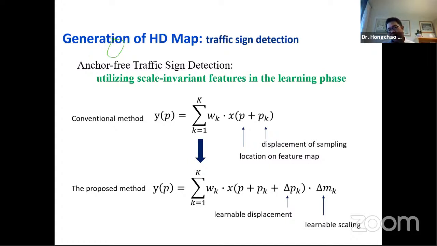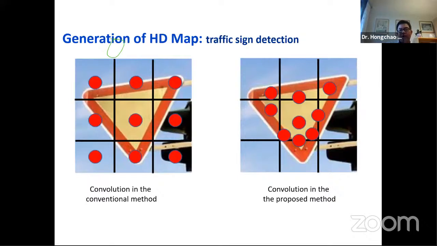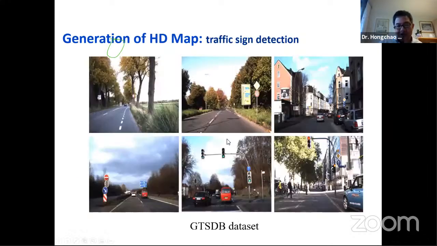We learn where the traffic signs are in the image, to detect the traffic sign more accurately. With this attention mechanism in the network, instead of searching the whole image, we search for the sign only in the possible candidate places. In this way, we increase the efficiency and accuracy of the search.